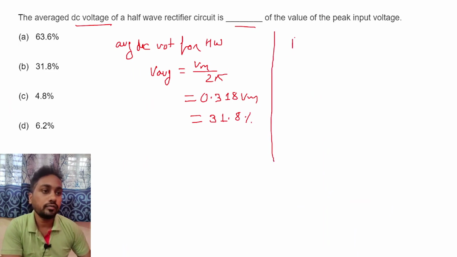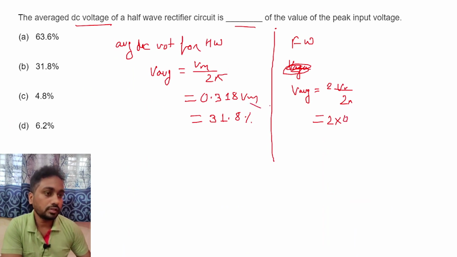Suppose they ask about the full wave rectifier. The average voltage is twice of Vm by pi, which is twice of 0.318, equal to 0.636 Vm, or in percentage 63.6%.